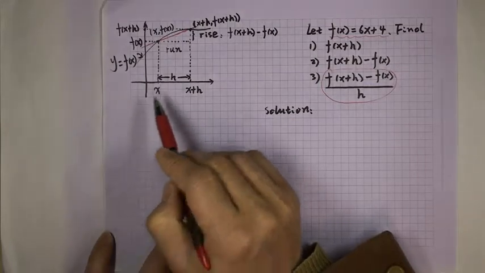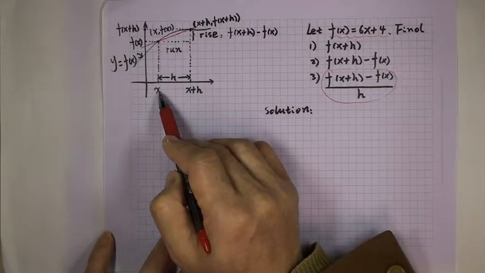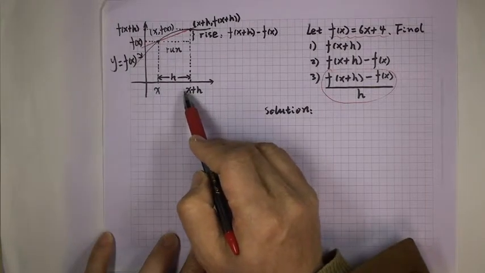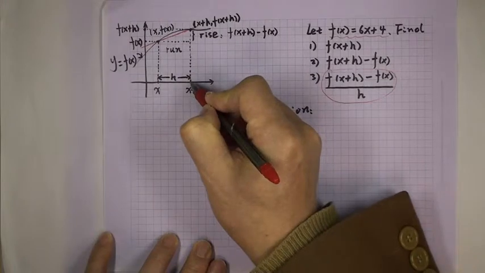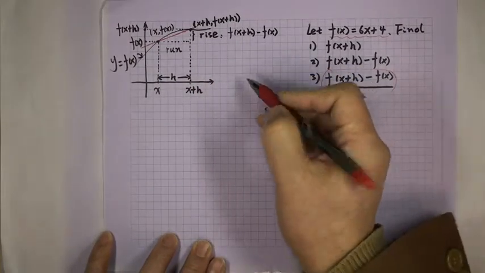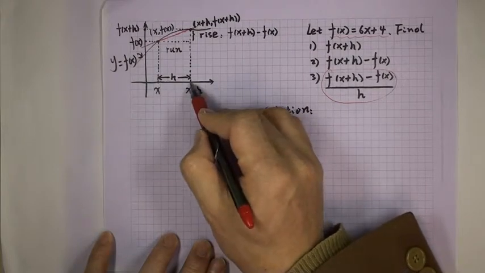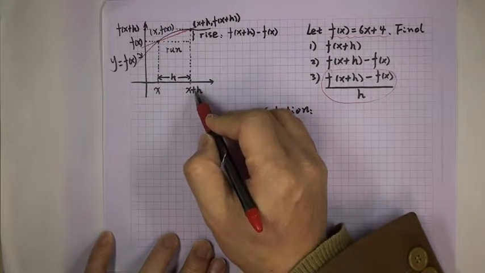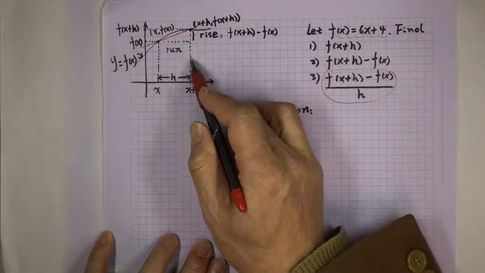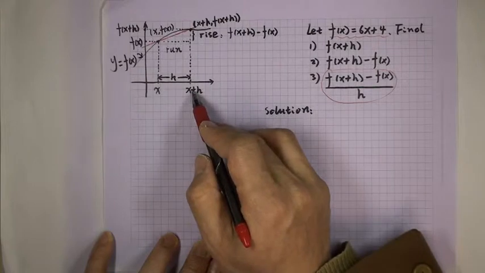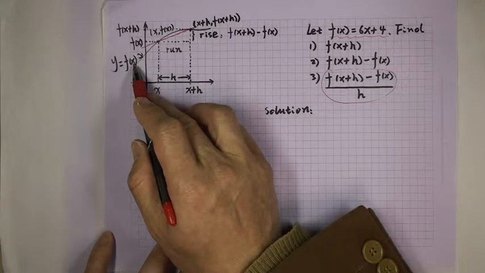Now, if you add h to x, then x plus h will be this point on the x coordinate. And then correspondingly, the height is what you get when you plug x plus h into the function.